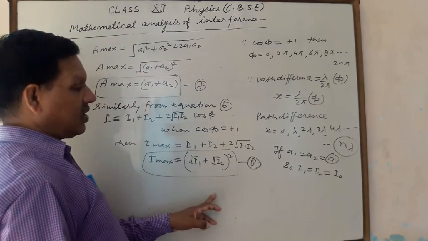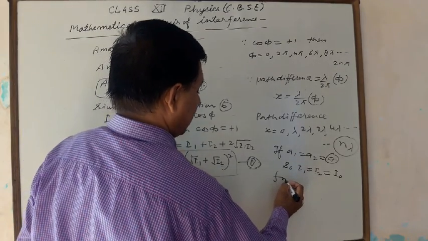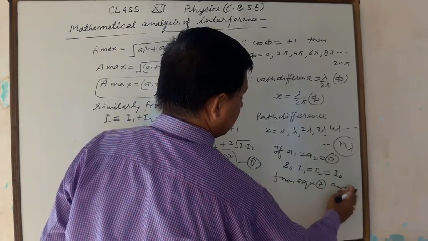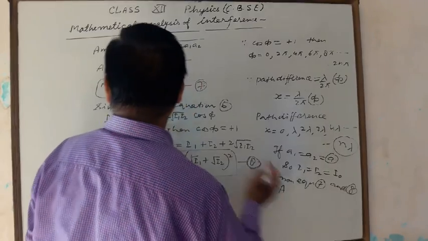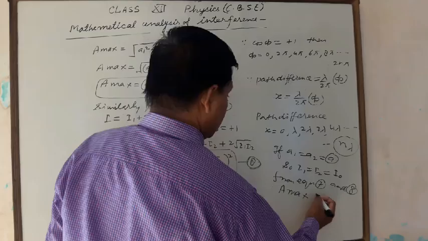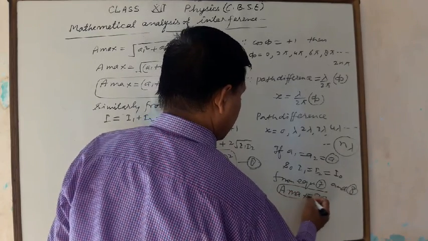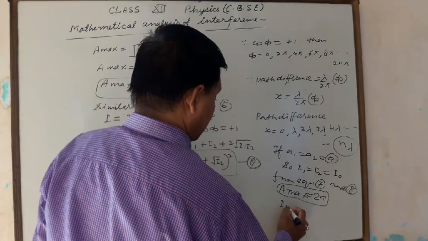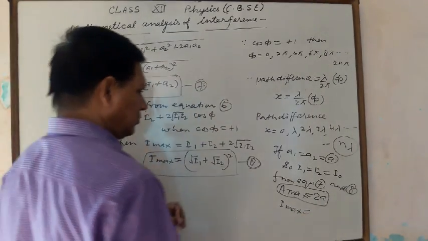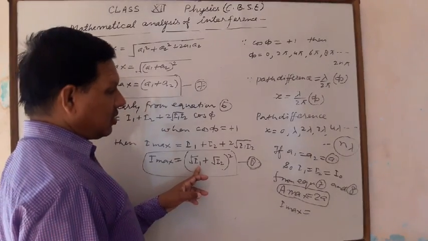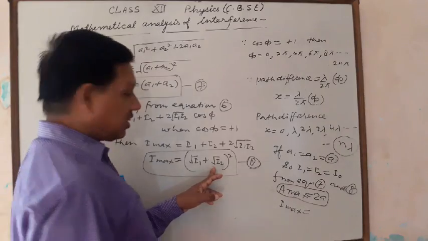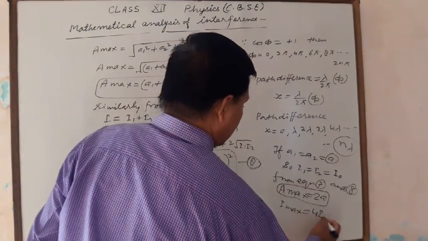So from equations 7 and 8, the amplitude of the resultant wave becomes 2A, and the intensity of the resultant wave is root I0 plus root I0, which is 2 root I0, or 4 I naught.